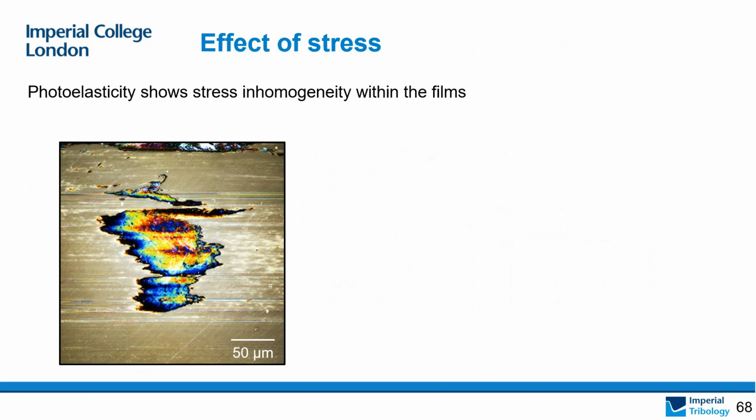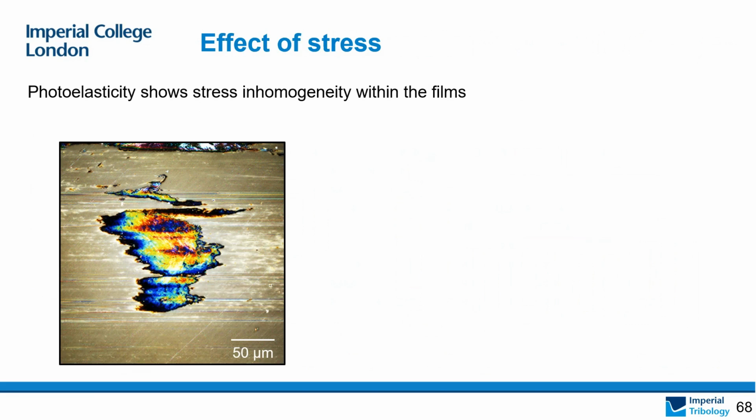The second effect we'll look into is the effect of stress. So what you're seeing is a photoelastic image of a typical transfer film. The color represents the residual stress in the film, and the color variation indicates the stress inhomogeneity within the films.